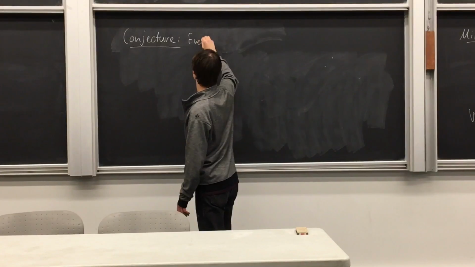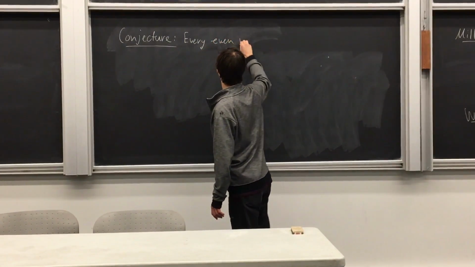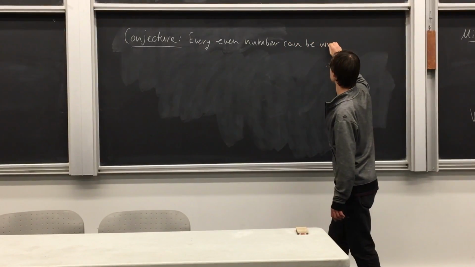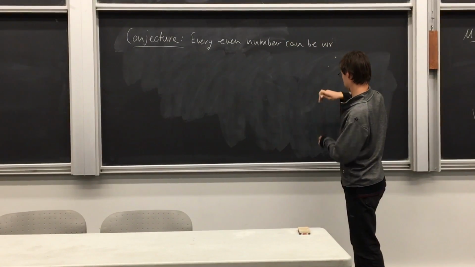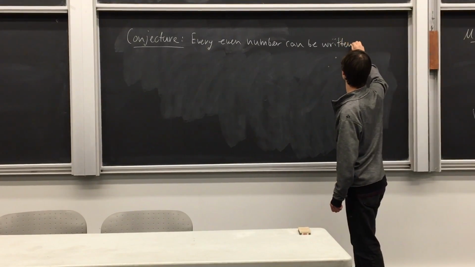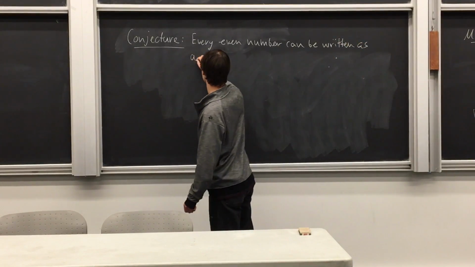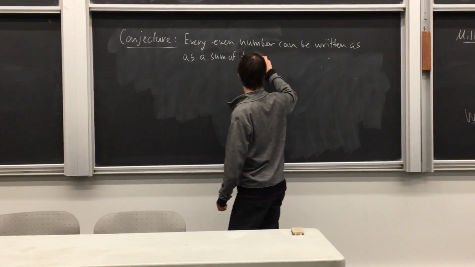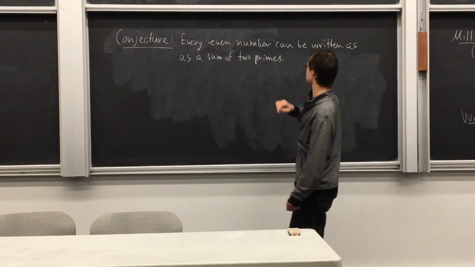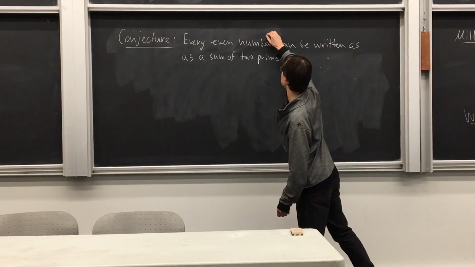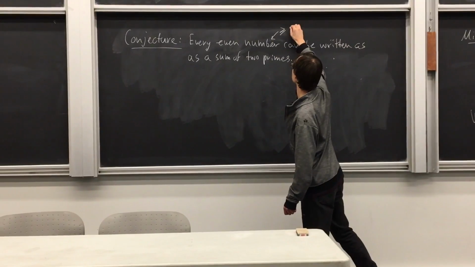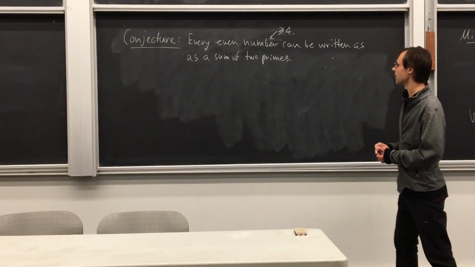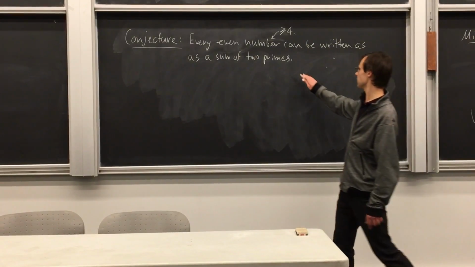Every even number can be written as a sum of two primes. I guess I better put every even number greater than or equal to 4, because we want to rule out 2, which is too small. Can every even number be written as a sum of two primes?